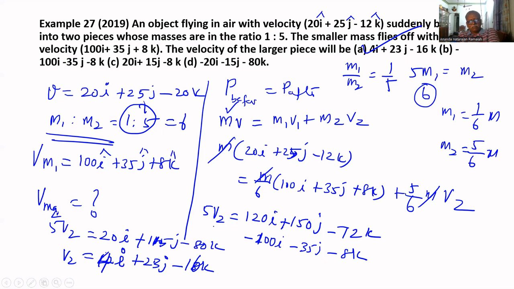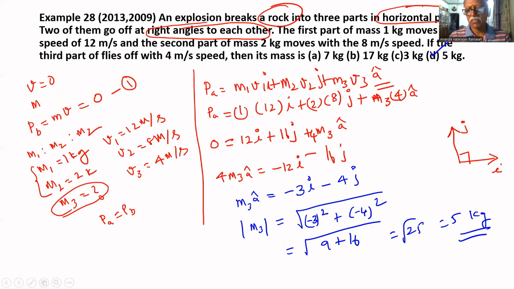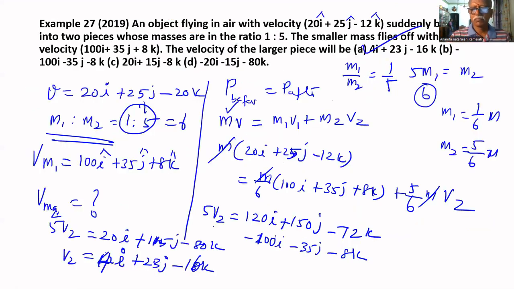Shall I move to next sum? Right. Yes. 5V2 is equal to 120I plus 150J.